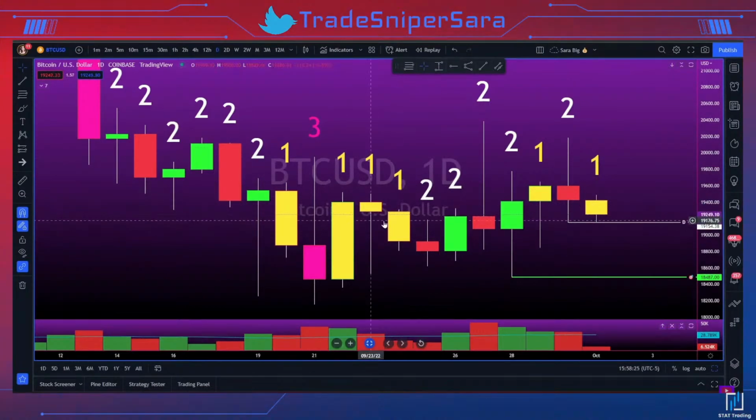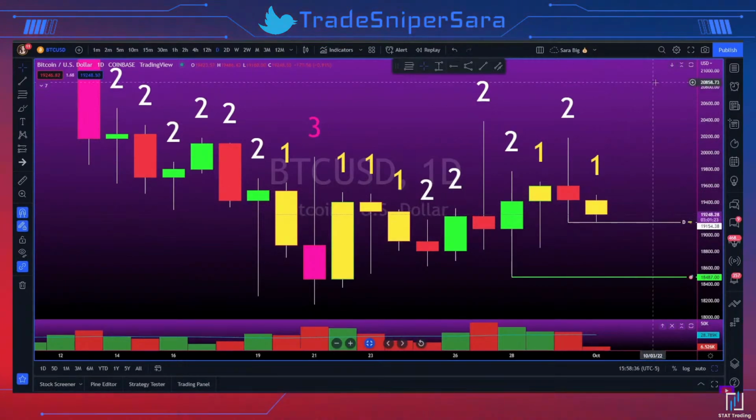You can only call a candle a 1 after it's closed. Because why? Because 1s can become 2s if they take out the previous candle's low. So we know that the most likely next 2 is a 2 down.